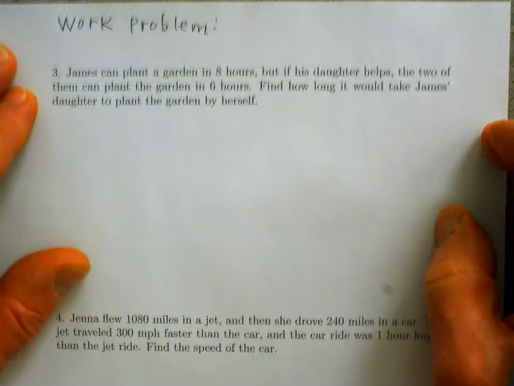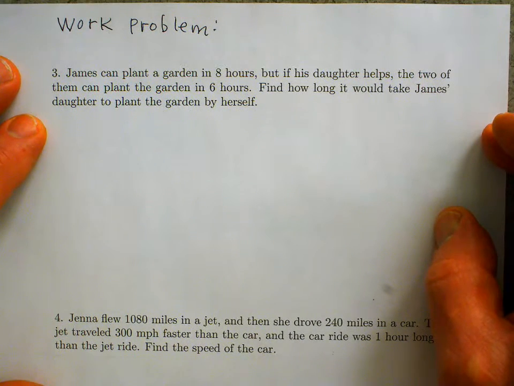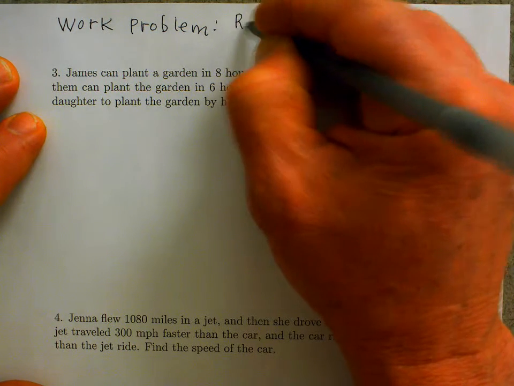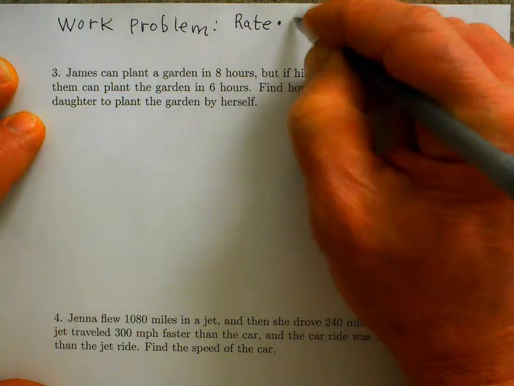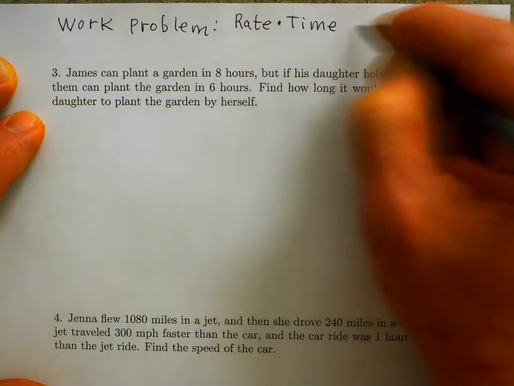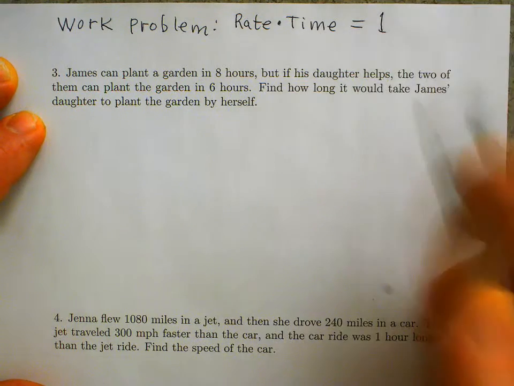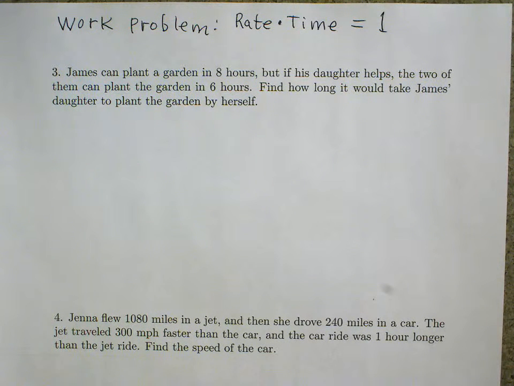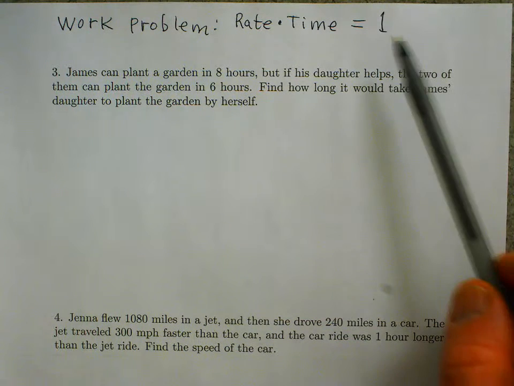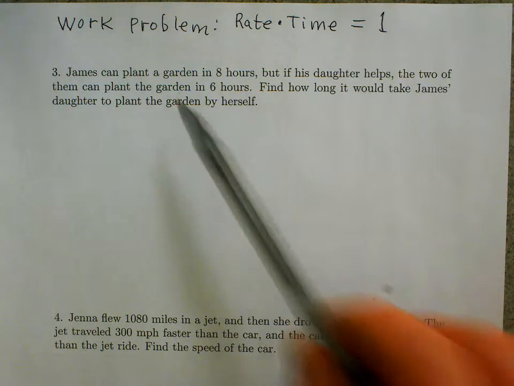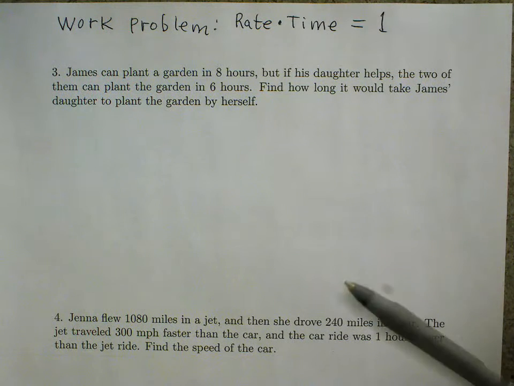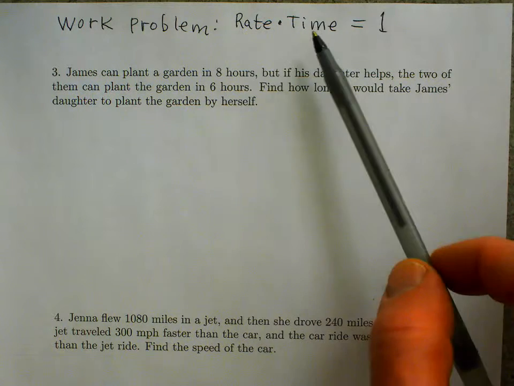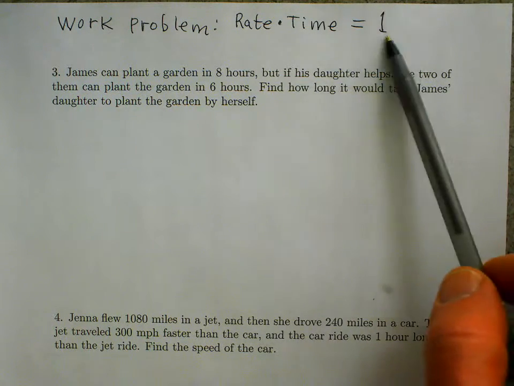And equations in work problems have the form rate times time equals 1, where 1 represents the job, or the task they are completing. So in number 3, the one job that they are working on is planting a garden. And it seems to make sense. If you work at a certain rate for a certain amount of time, you will plant one garden.